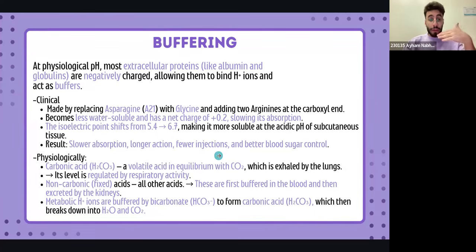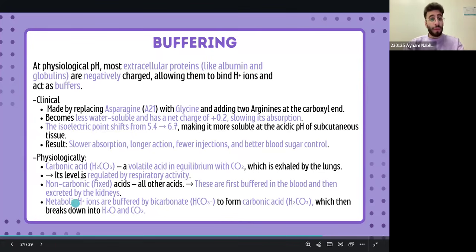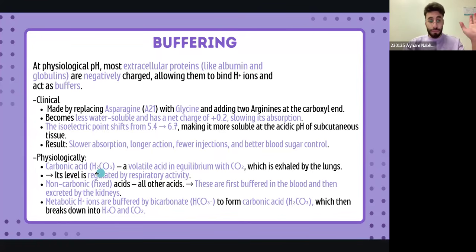Perfect. The next 3 slides are summarized in these 4 lines. Physiologically, in our body, we have carbonic acid. This is the structure of carbonic acid, which is a volatile acid in equilibrium with carbon dioxide, which is exhaled by the lungs.